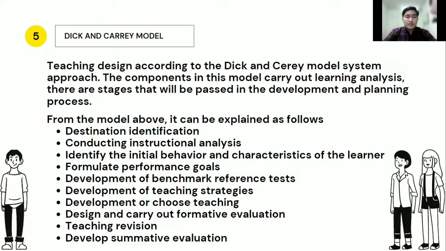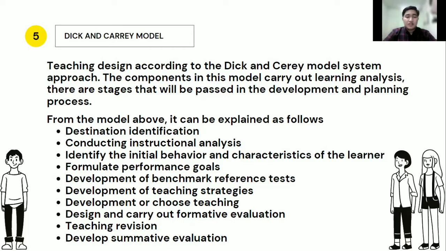The 5th model is Dick and Carey model. Teaching design according to the Dick and Carey model is a system approach. The components in this model carry out learning analysis. There are stages that will be passed in the development and planning process. From the model above, it can be explained as follows. Destination identification.